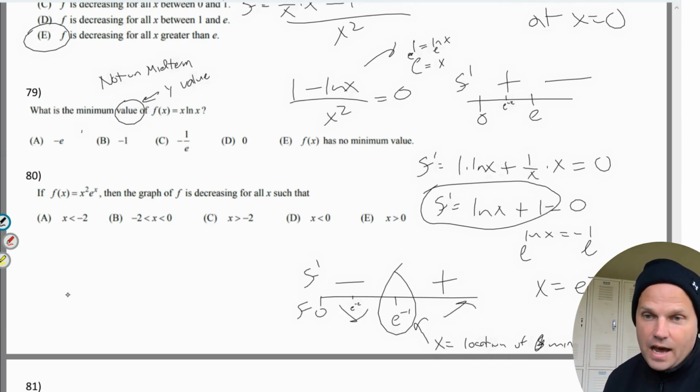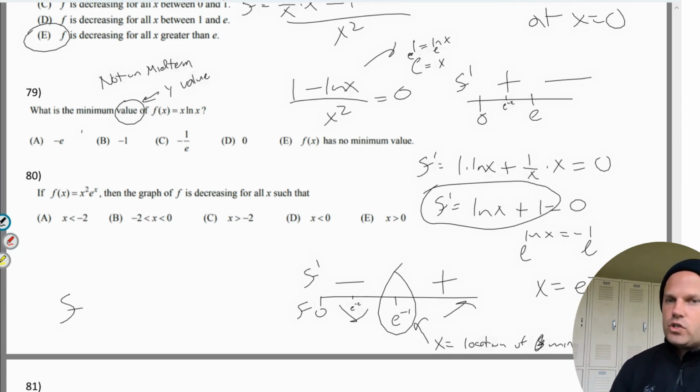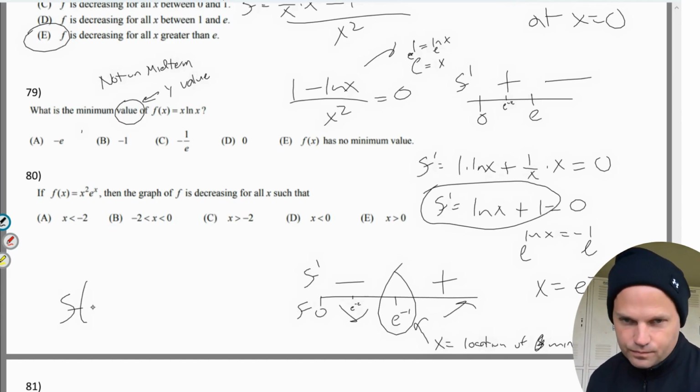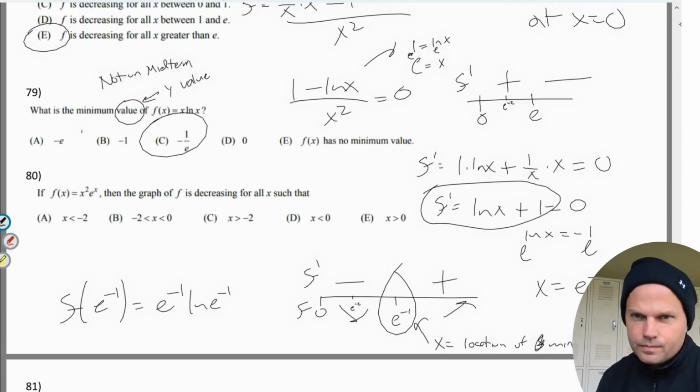And the value means go ahead and plug in e to the negative first into the original equation, which is e to the negative first times the natural log of e to the negative first, which is negative. Well, cool.